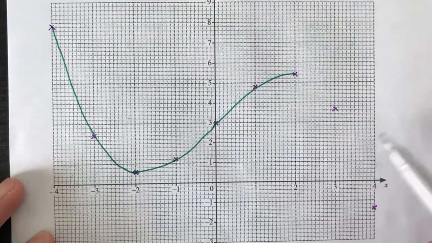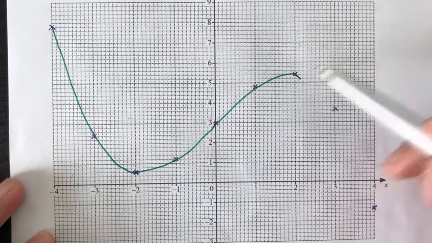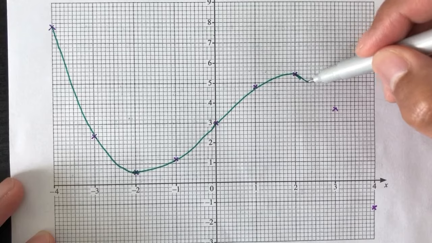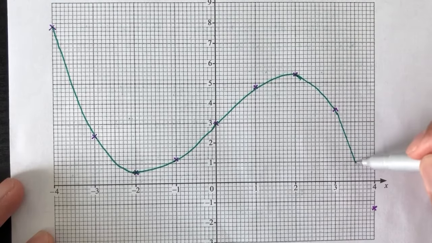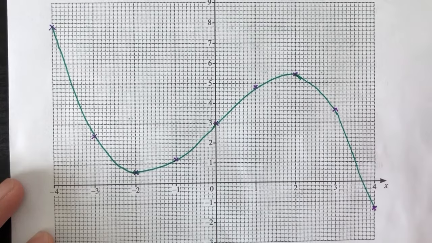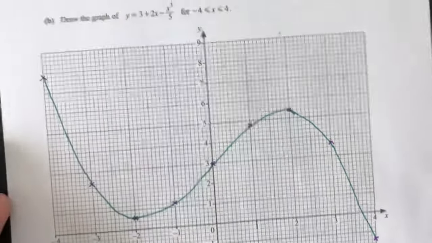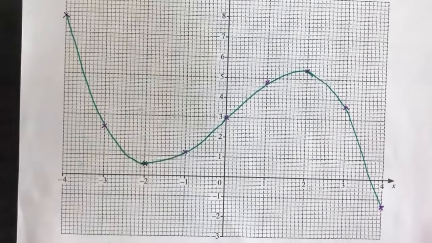Join those two, and this one will be like an N shape. Let's try to make it curve a little bit, and join the last point. Okay, here we go. That's the curve that we have for this graph. That was part A and part B.